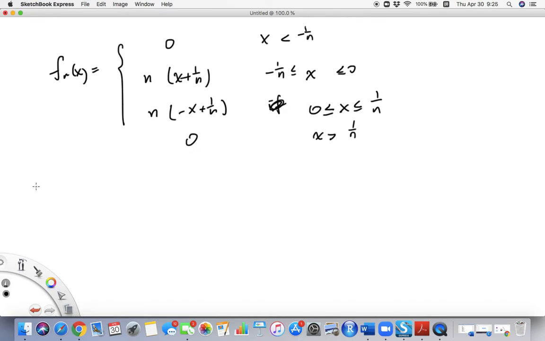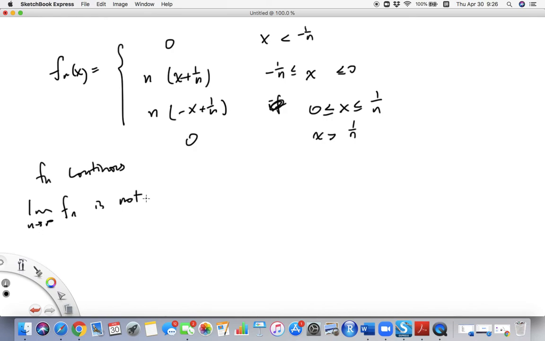So we want to show that Fn is continuous, but the limit is not. Okay? All right.